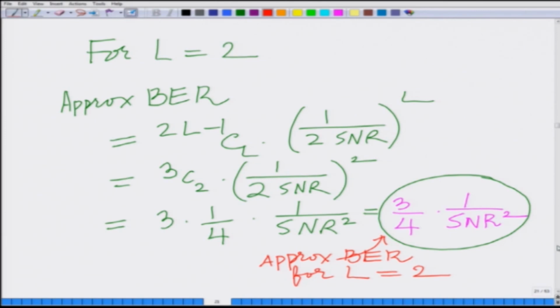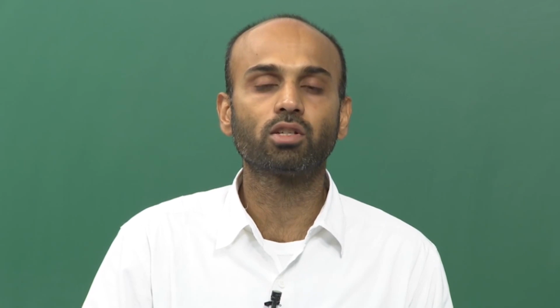So, what we have shown in this module is that we started with the exact bit error rate expression for a multi antenna wireless communication system, and then we derived a suitable approximation for this multiple antenna system at high SNR. High SNR means we use the condition where SNR is very high, so 1 over SNR is very low, that is approximately close to 0.